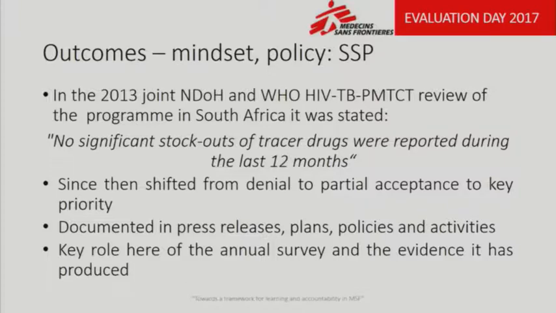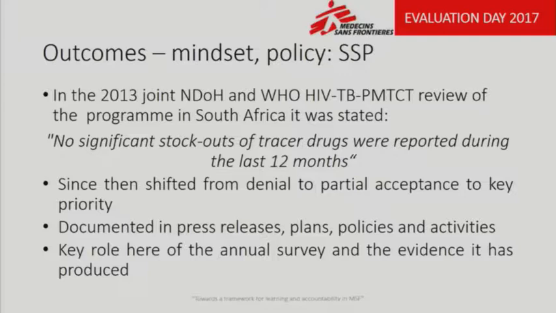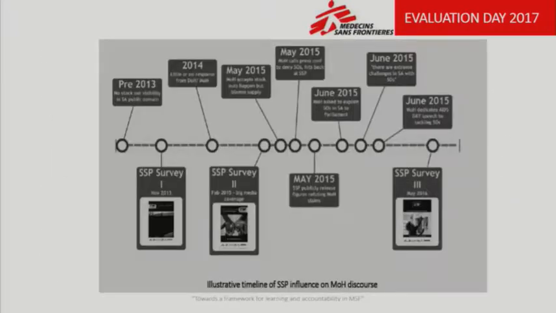So I think what's important is how the impact occurred: it was the use of the evidence base through the annual survey. That was actually one of the key reasons leading up to these significant changes.